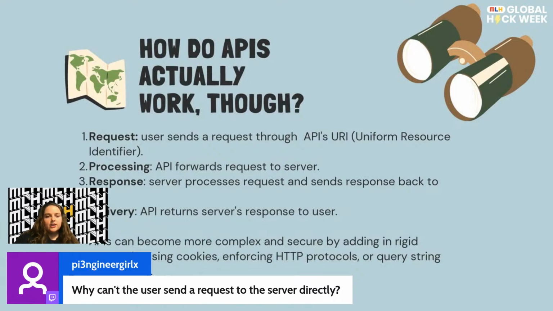So if you're doing that directly from the user side, you're going to need a lot more complex logic in order to take the information that you're gathering or requesting from the user to the server directly.